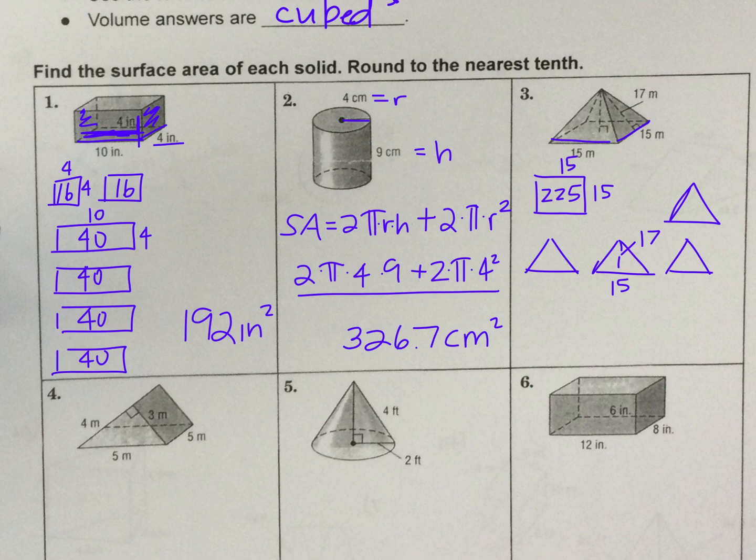The equation to find the area of a triangle is 1/2 base times height. So when I do 1/2 times 15 times 17, I come up with 127.5. So all of these are 127.5. When I add the base square and the 4 triangles, I get 735 meters squared.